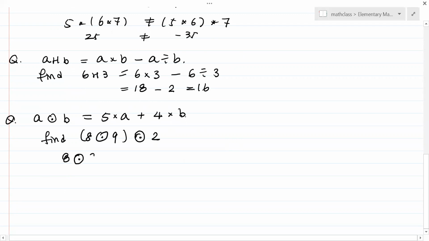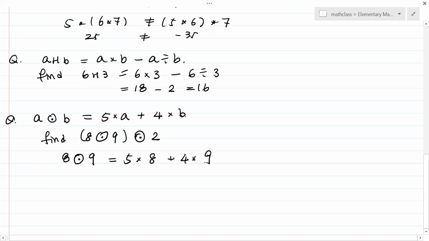In the place of A it's going to be 8, in the place of B it is 9.